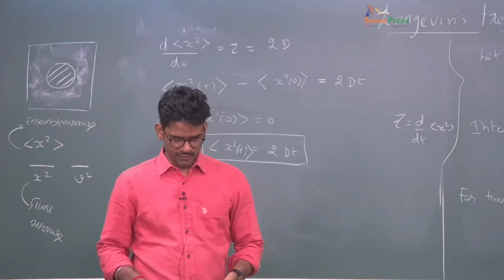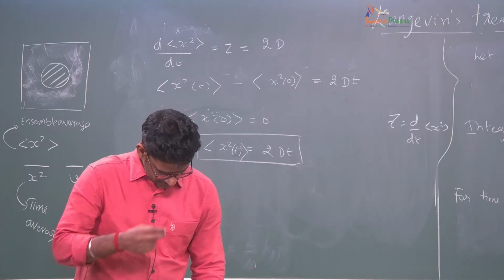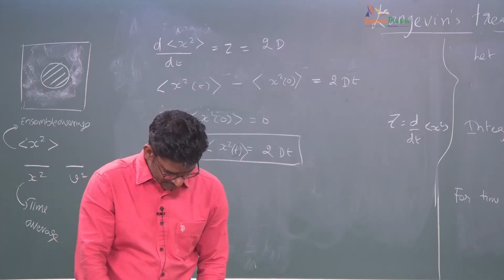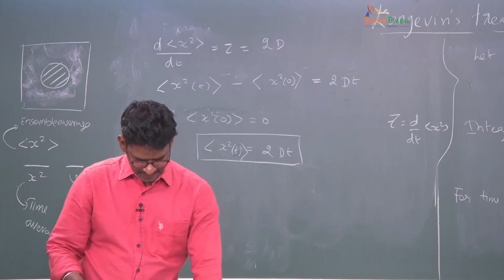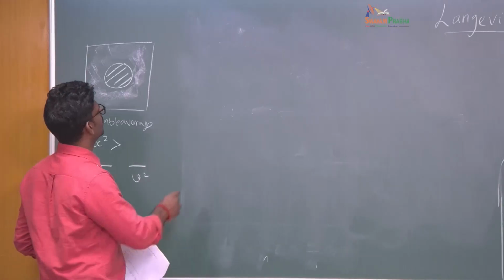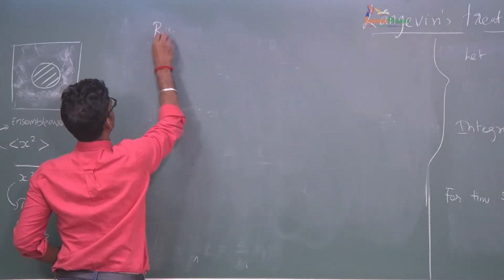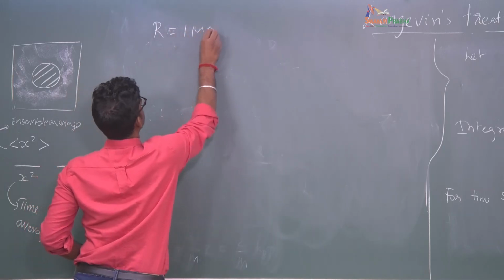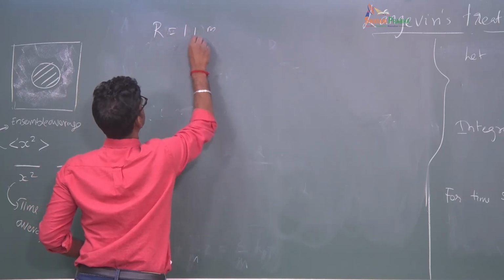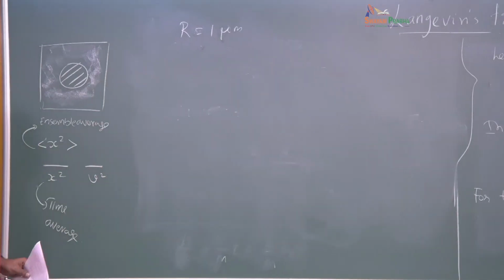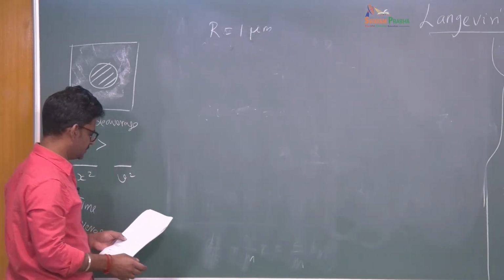Now let us look at what this time scale means. We will try to calculate this for a particular Brownian particle. Let us say the radius of the particle is 1 micrometer, so the diameter is 2 micrometer, and this is suspended in water.